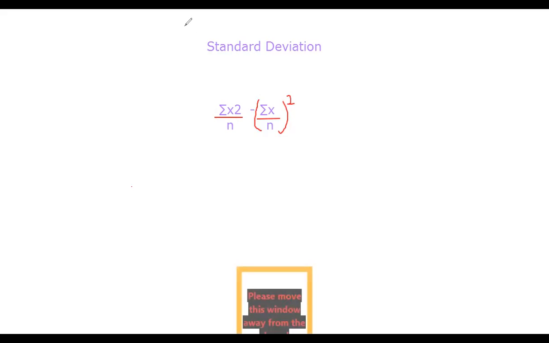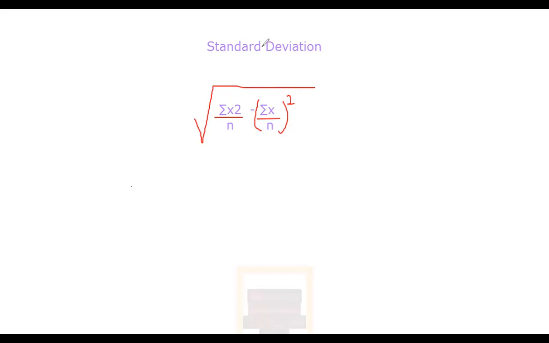Before that, there will be a square root, so the entire value will be in square root. So standard deviation in individual series is equal to the square root of sigma x square divided by n minus sigma x divided by n, the whole square.